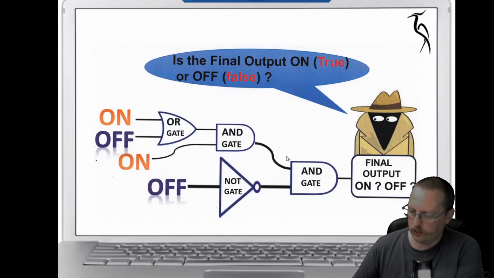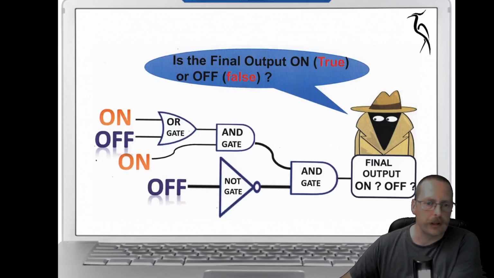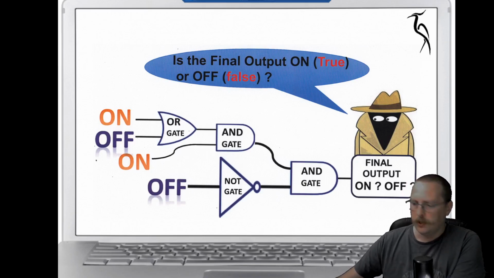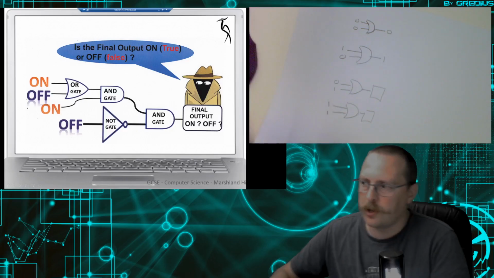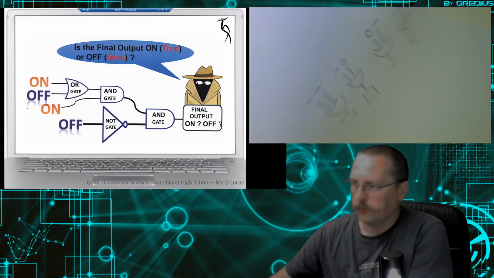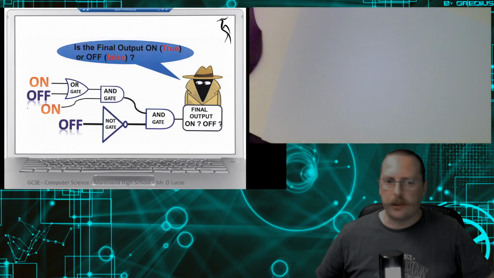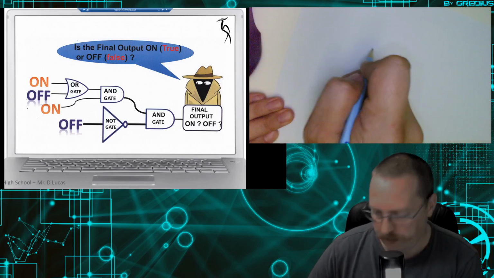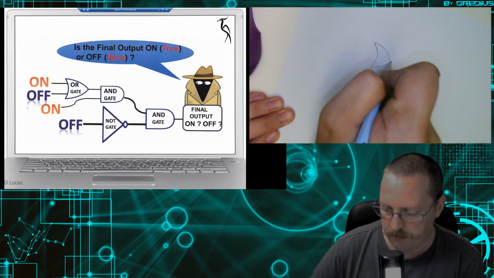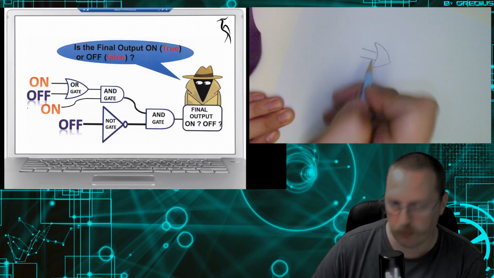So what we're now looking at is I'm going to walk you through this example here. Let's have a look at the visualizer again. This time I often find it useful to draw these out at the same time. So I've got an OR gate to start with, and we've got the word on.